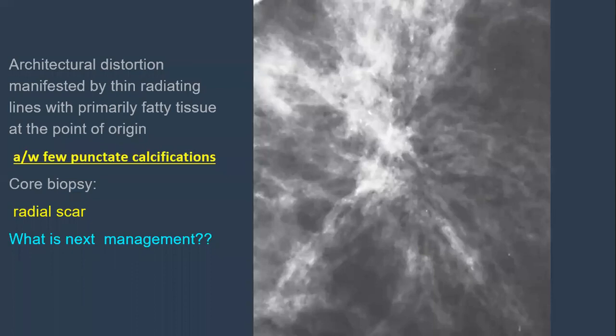Usually they recommend excision, but I know from one of the expert breast radiologists that after vacuum assisted biopsy was incorporated in breast interventions, because the radial scar is small and completely removed by vacuum assisted biopsy, they are not recommending excision after that.